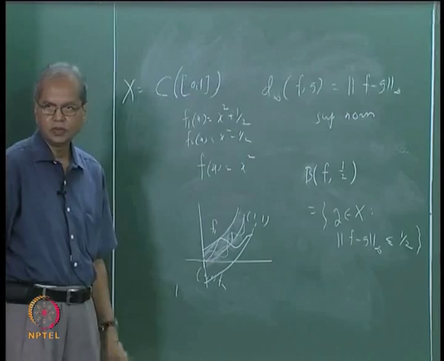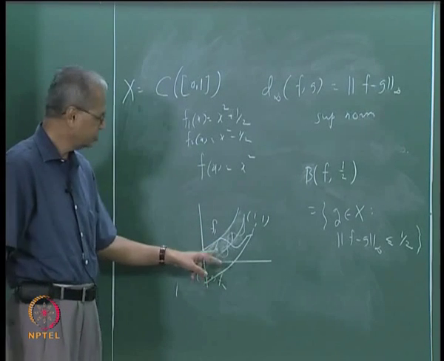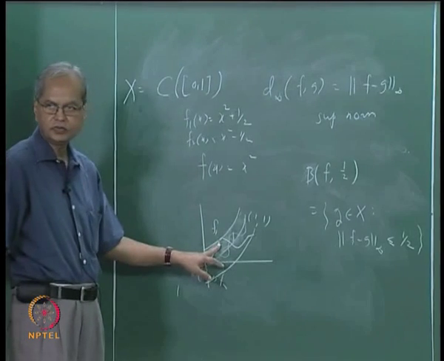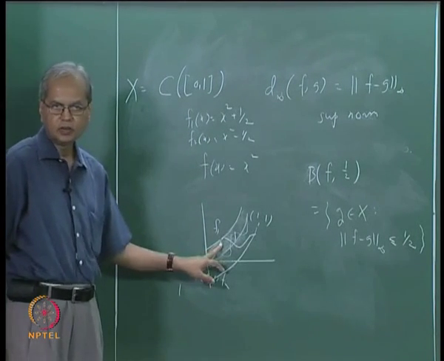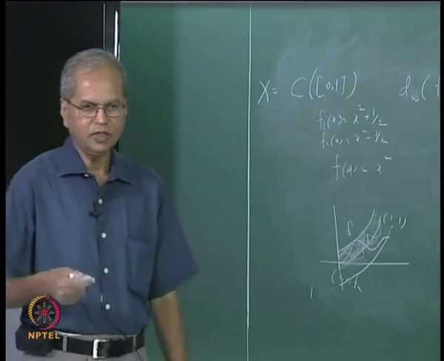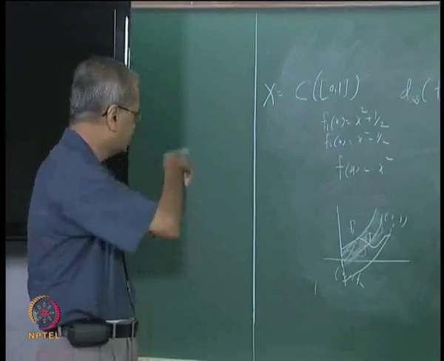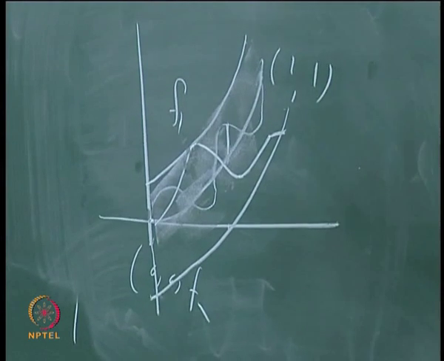The distance is the supremum, so the distance between such a g and f will also be half. So for the sphere you take those functions whose graph touches at least once one of the functions f1 and f2.